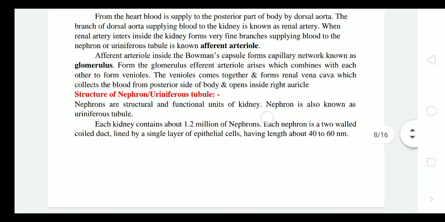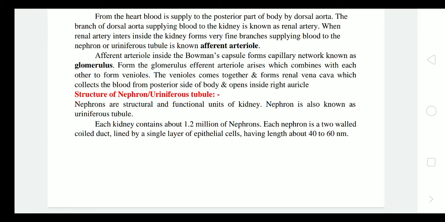From the heart, blood is supplied to the posterior part of the body by the dorsal aorta, and the branch of the dorsal aorta supplying blood to the kidney is known as the renal artery. When the renal artery enters inside the kidney, it forms very fine branches which supply blood to the nephron or uriniferous tubule, known as afferent arterioles. The afferent arteriole inside the Bowman's capsule forms a capillary network known as the glomerulus, the exact site of removal of material from the blood.